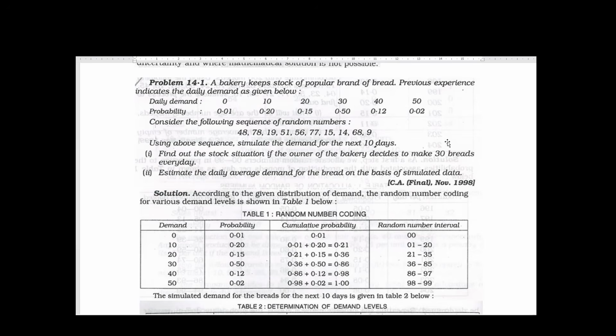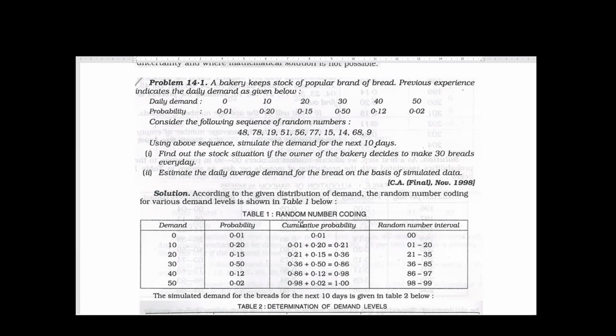So how to go about solving these problems? The first step is to make a random number coding table. We have demand, which we will put in the first column. So 0, 10, 20, 30, 40, 50 will come here and its corresponding probability will come here.